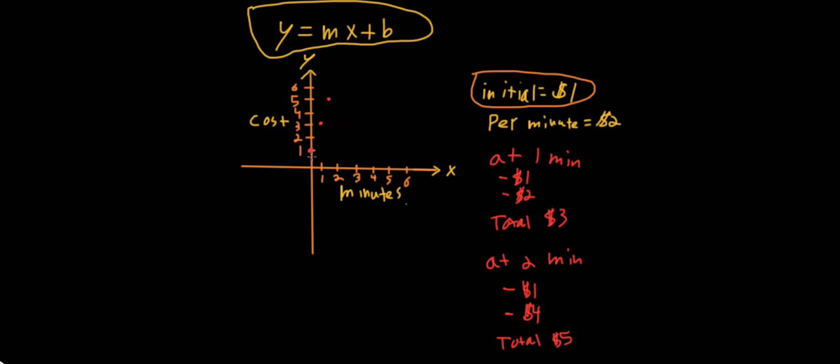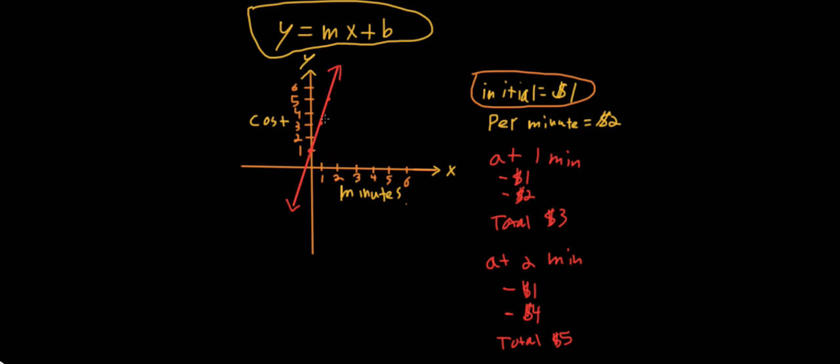Now we can connect these points and visually represent our line. Let's go ahead and connect these points. In this case, negative minutes doesn't make sense, so I shouldn't have drawn it here, but just for the sake of a linear representation, we're just going to go with it.